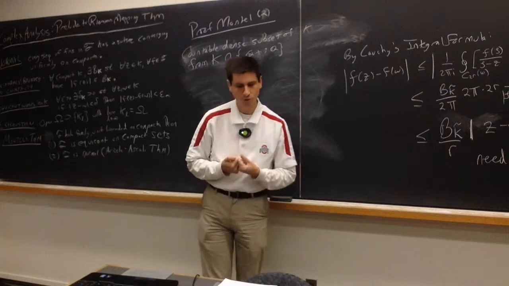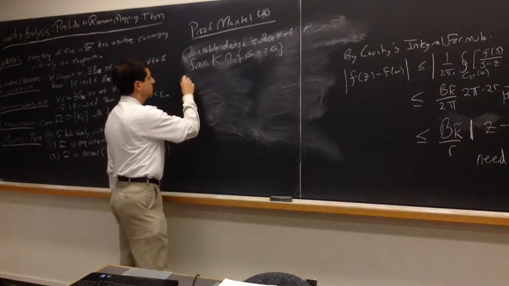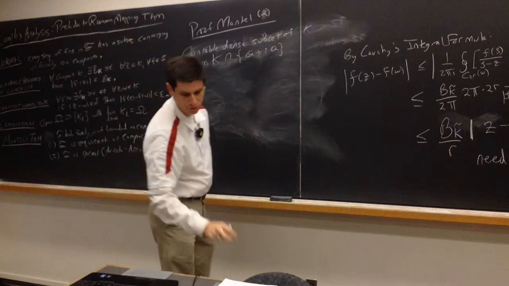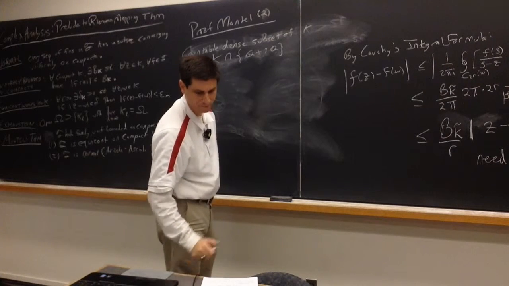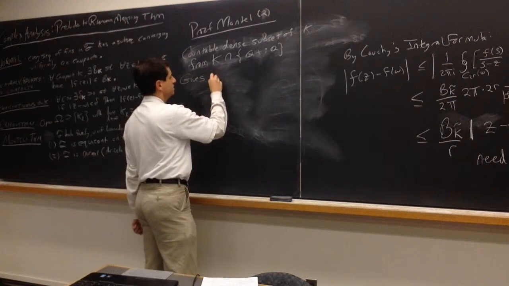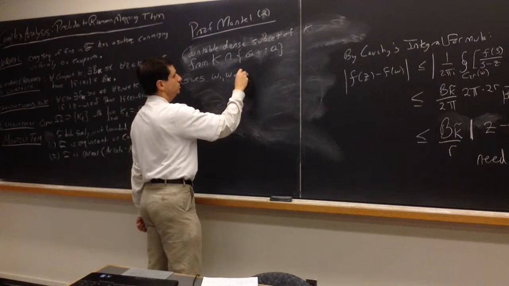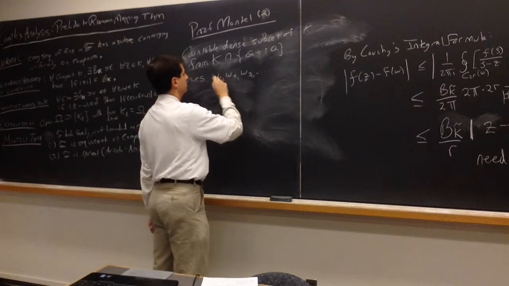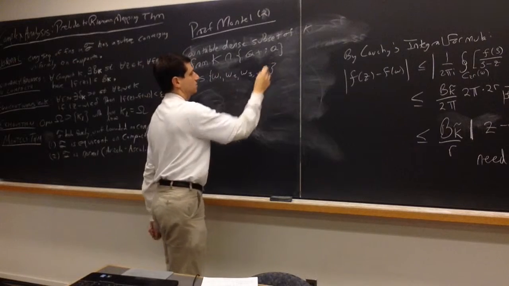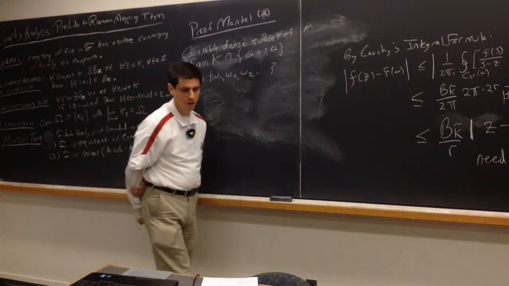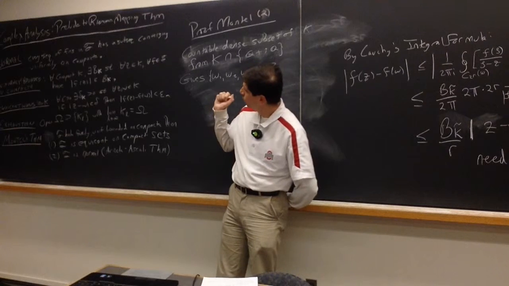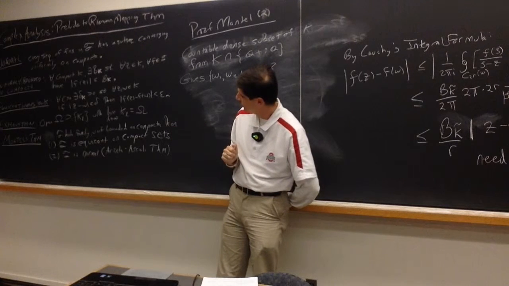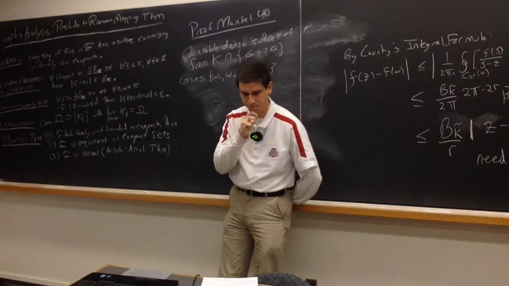OK, so what we're going to do is I want to try to follow the book's notation. I think they call it W1, W2, W3. OK. So it gives W1, W2, W3, dot, dot, dot. All right. So now, F is holomorphic, uniformly bounded, and F is equicontinuous on compact sets.